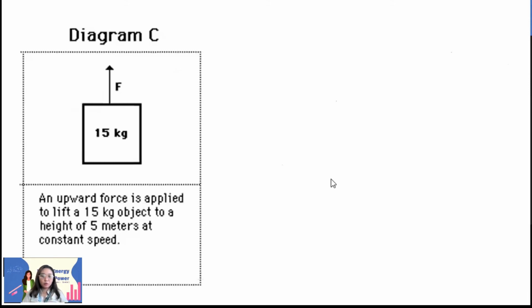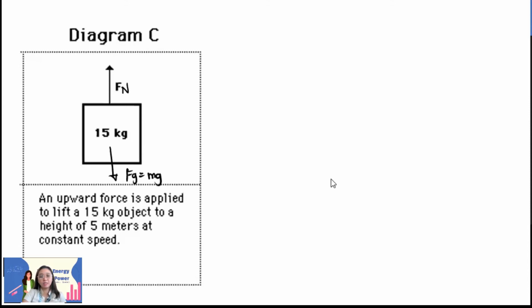We have a 15 kilogram object with an upward force to lift it to a height of 5 meters at a constant speed. There is also a weight or Fg equal to mg.